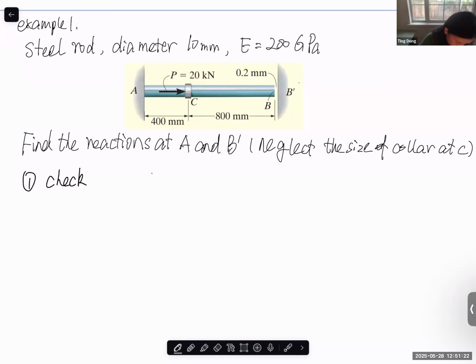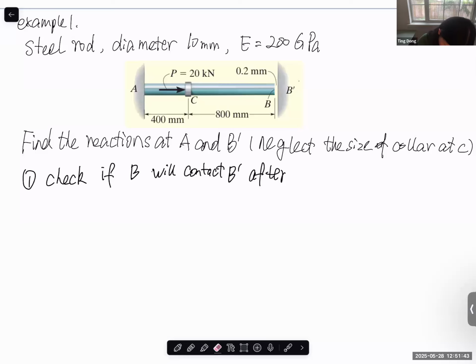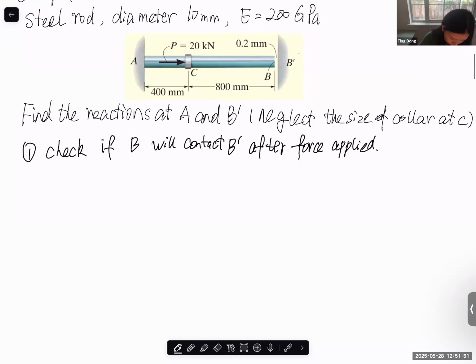The first step is to check if B will contact B prime under the force applied. So the first step check basically means let's assume there's no B prime here first.